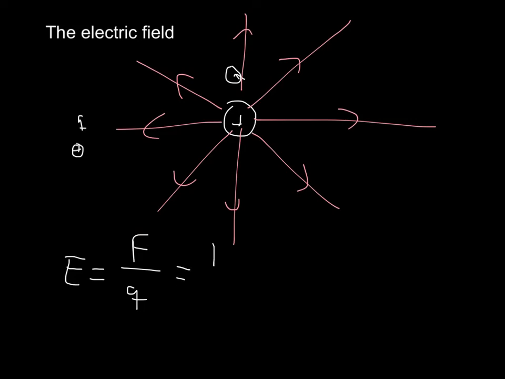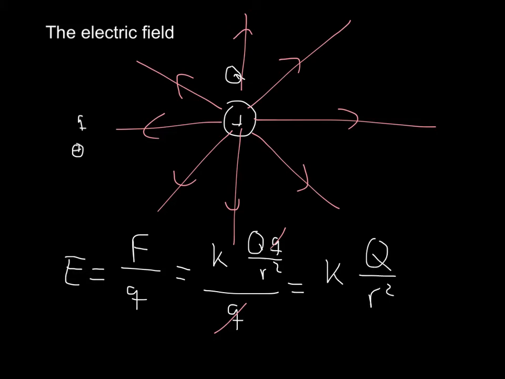I have that the force is K, big Q, small q over R squared. And that is divided by small q. So these two q's cancel out. And then I get that the electric field has to be KQ over R squared.